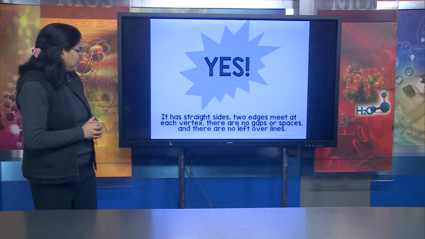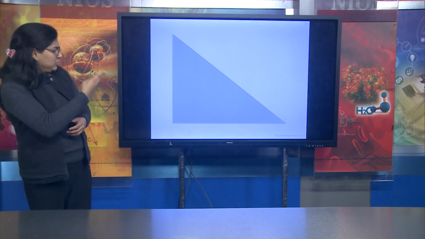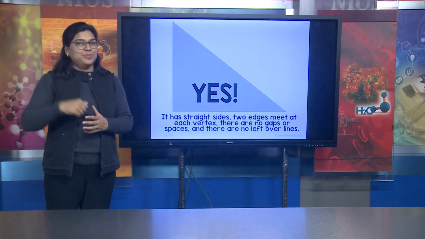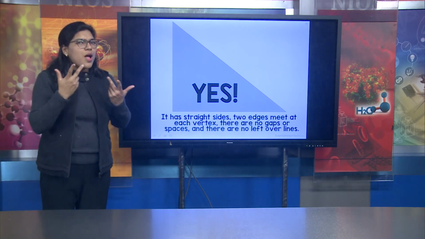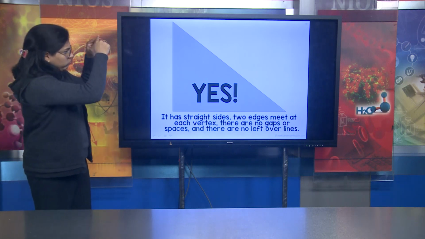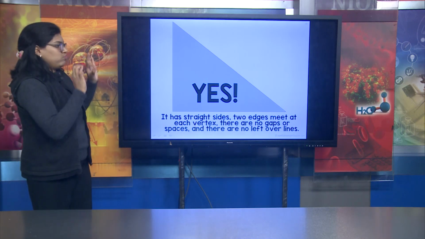Now let's move further. What do you think? Is it a polygon? Yes or no? You have to answer. Think. Yes. Why do you think the answer is yes? It's a polygon because its lines are straight.